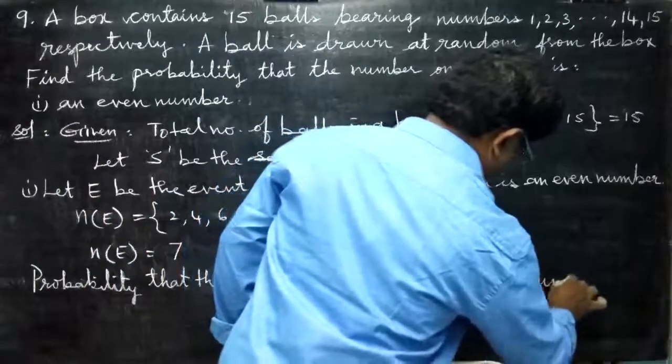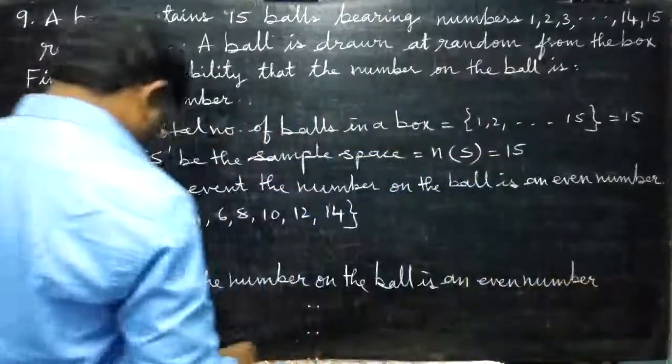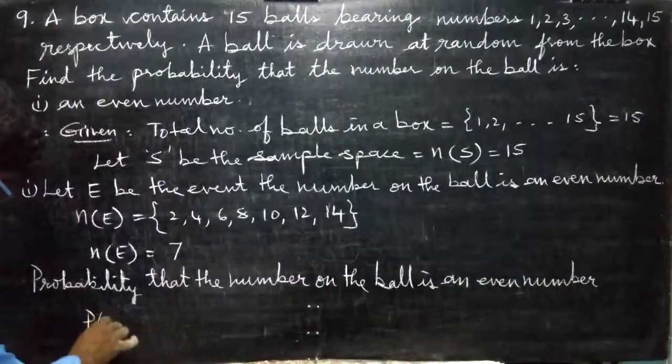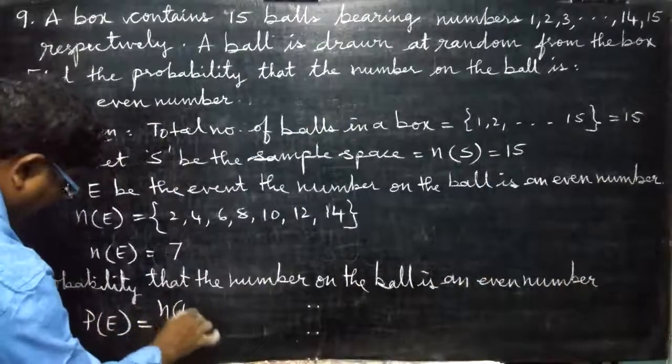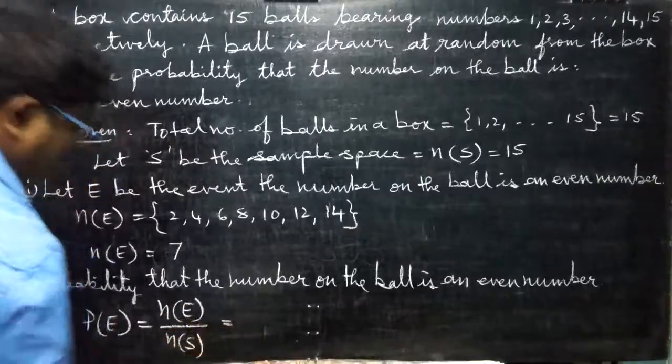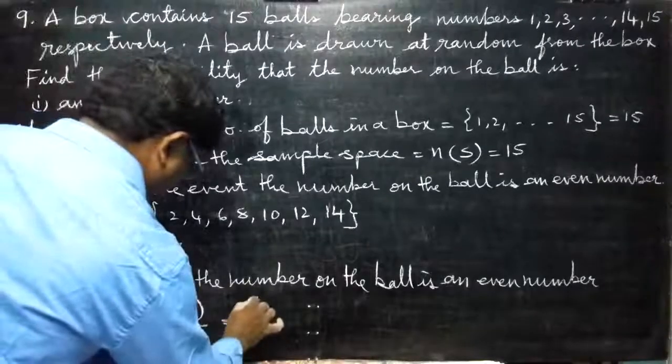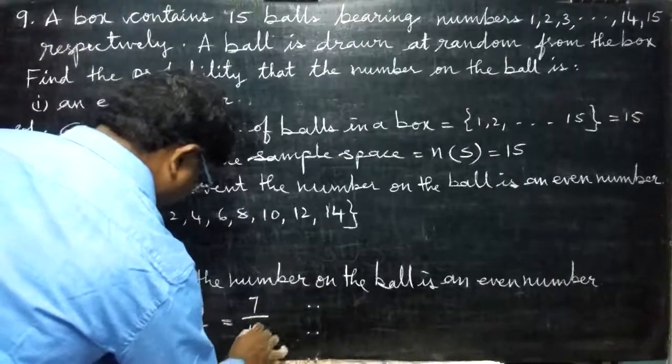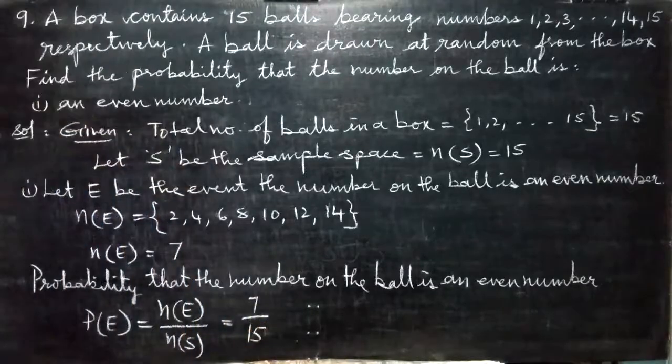We represent the formula as P of E is equal to N of E by N of S. That is equal to N of E, 7, by total number of balls, 15. Is there any common table? There is no common table, so we can't cancel. Conclusion. Therefore the probability that the number on the ball is an even number is equal to 7 by 15.